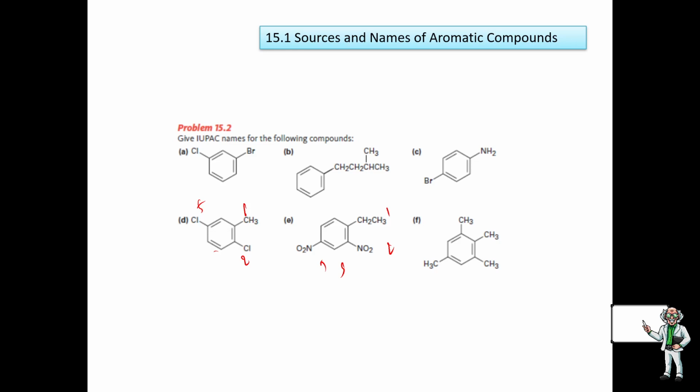And finally, the last one will be 1, 2, 3, 4, 5. There is no possible lower numeration. It will be 1,2,3,5-tetramethylbenzene. Okay?